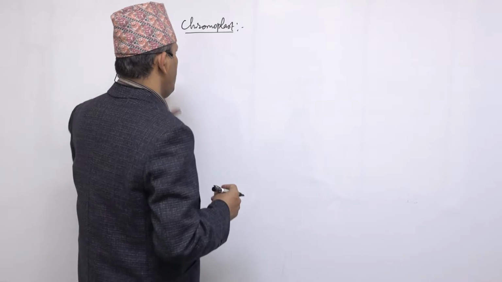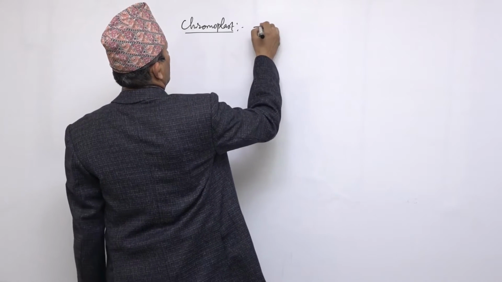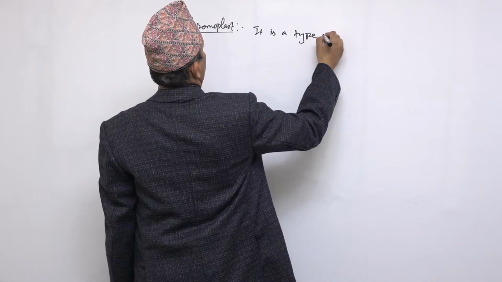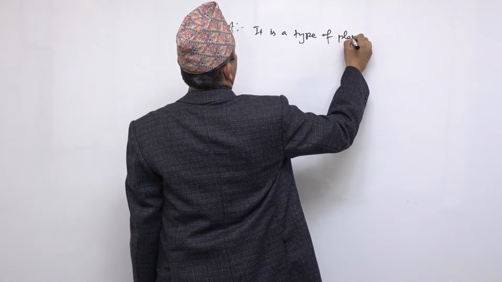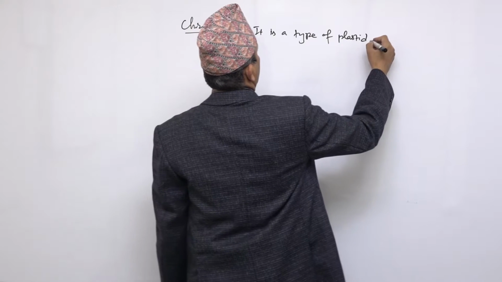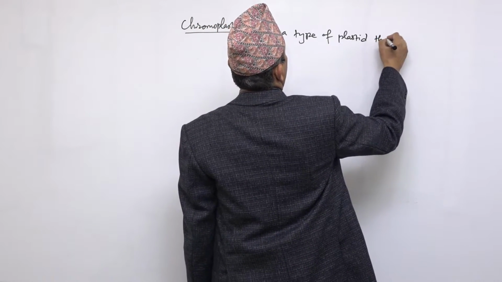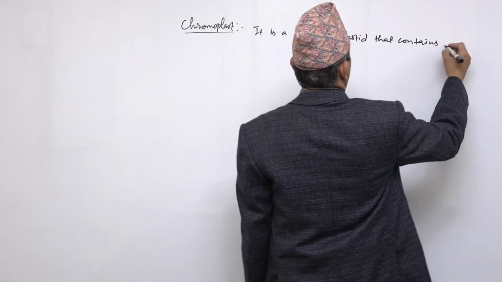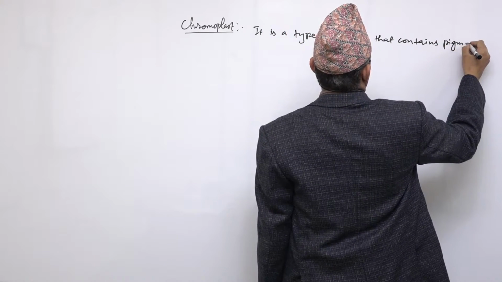So we can define it in this way. It is a type of plastid that contains pigment. Pigment means color.